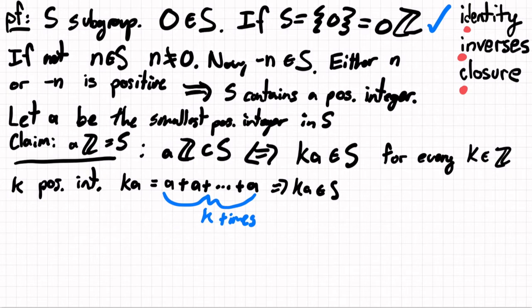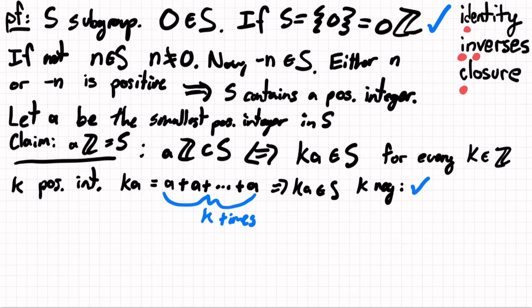But then that tells me that Ka is in S. If K is a negative integer, then all I need to use is the inverses axiom and then the version that I just proved here works. So that's good.